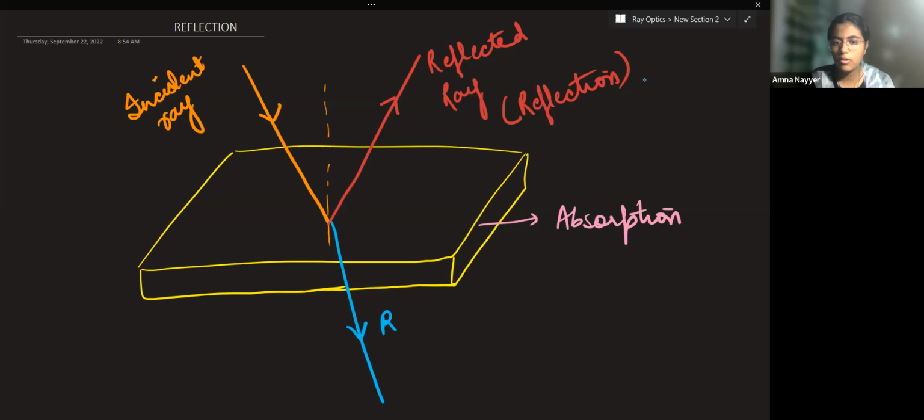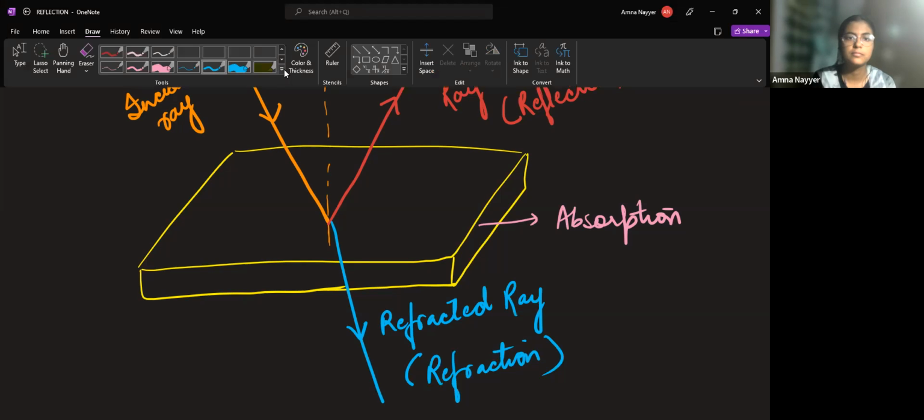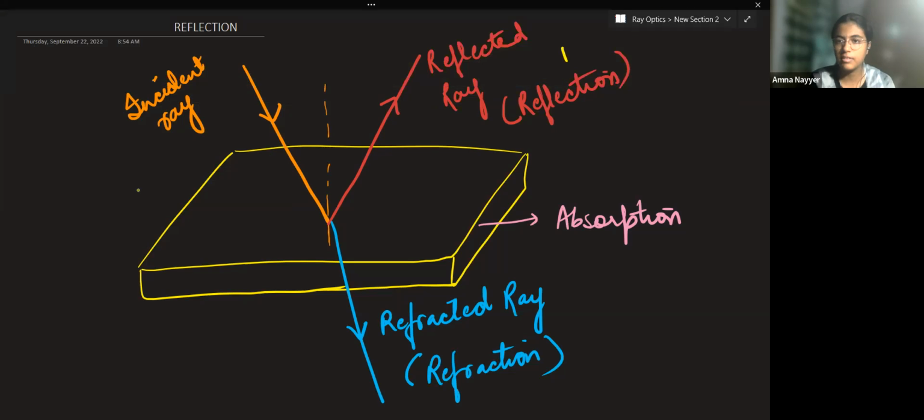So this ray of light becomes the refracted ray, and this phenomenon is refraction. Fine. So three things occurred over here. One is reflection. The second phenomenon is absorption. The third phenomenon is refraction.